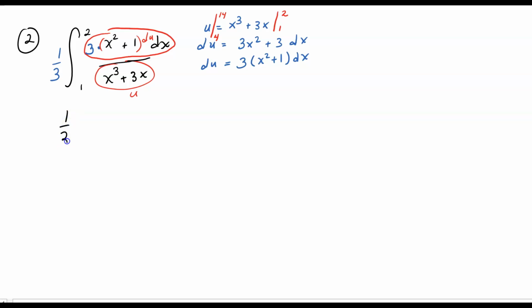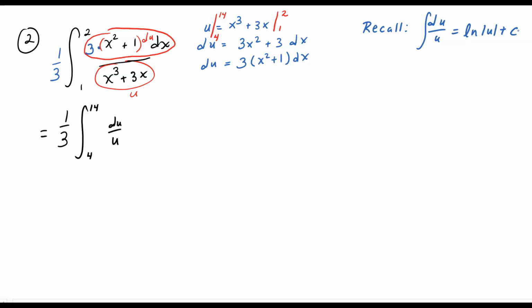So I'm going to have 1/3 on the outside, and with my adjusted limits of integration from 4 to 14, I'm going to get du over u. And this fits the form of a logarithmic. What you might want to recall is that if you have du over u and you're integrating that, it's just ln of u plus c. But this one is definite, so we're not going to have a constant of integration.